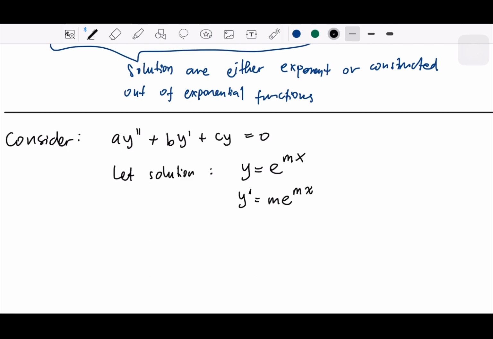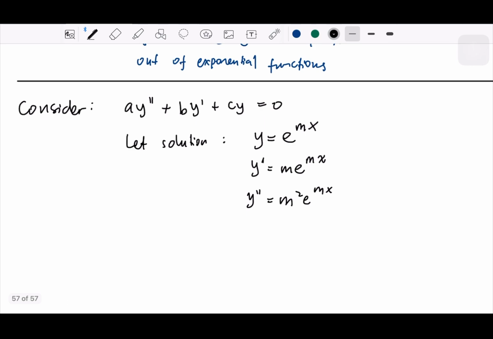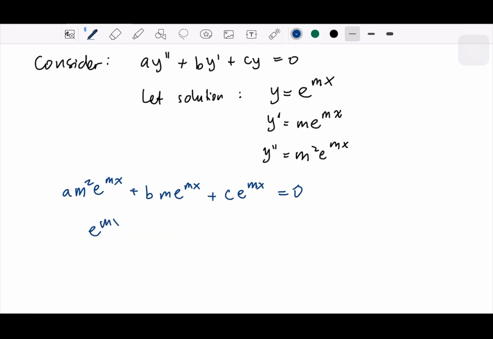So m is a constant, and differentiate with another one. It will be m squared e^(mx). Now we have, maybe we use blue, a m squared e^(mx) plus b m e^(mx) plus c e^(mx). This is equal to 0. So we simplify, factor the e.